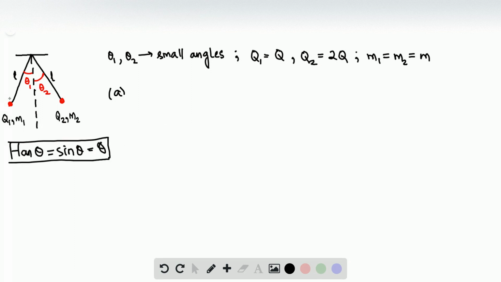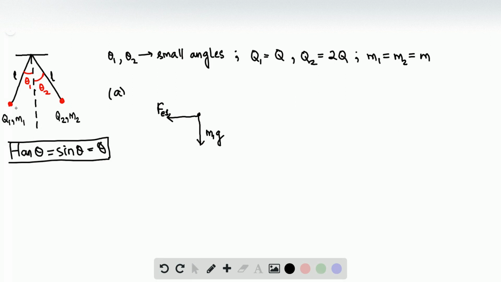So for the first mass, the free body diagram will look like the gravitational force acting downward given by m1 times gravity, the force of repulsion which will be away from the other mass, in this direction. Let's call this Fe1, the electric force 1.